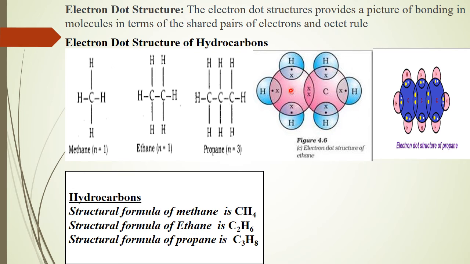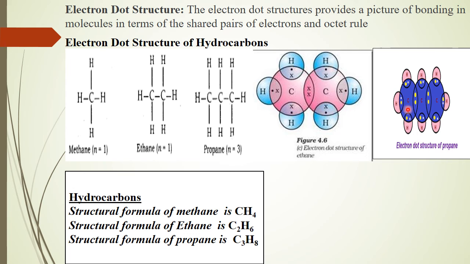So this has 8 here, this has 8 here, and the hydrogens have 2 each. So 2 carbon atoms, C2H6.